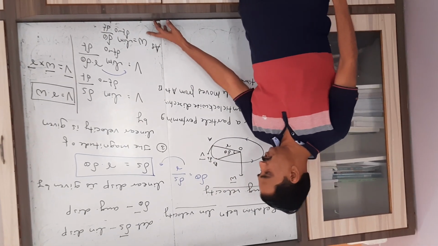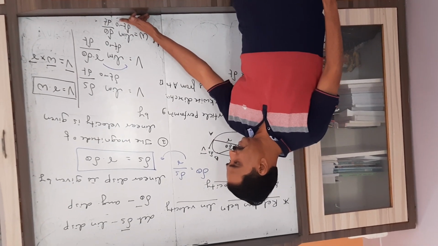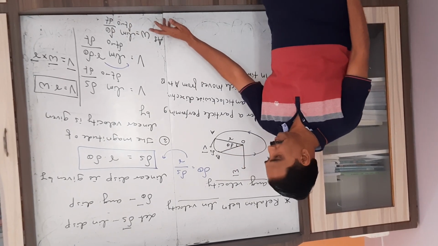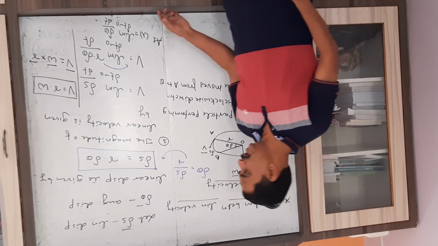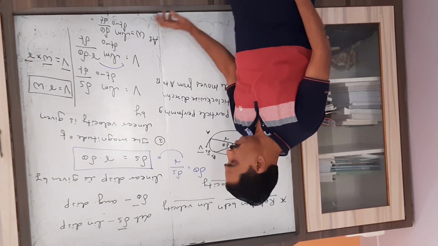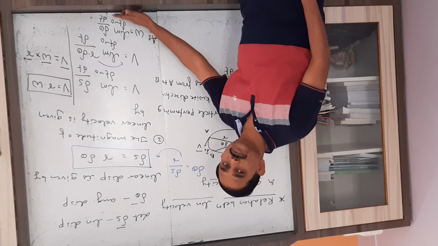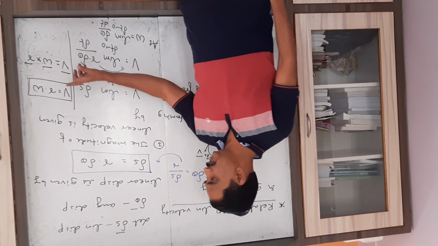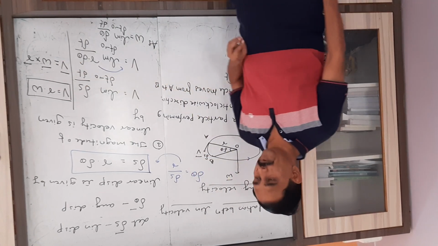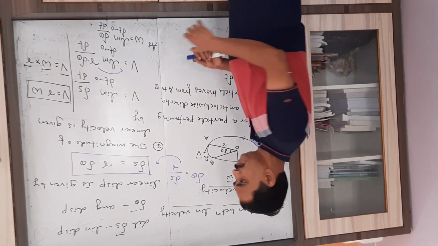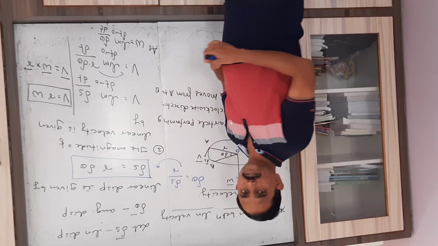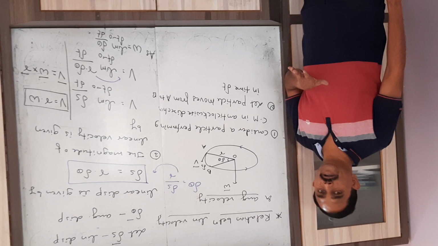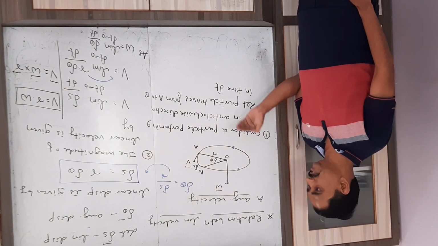But as per definition, limit delta t tends to 0 of delta theta by delta t is nothing but the angular velocity, omega. So we get the relation v equal to r omega in magnitude, where v is the linear velocity, omega is the angular velocity, and r is the radius of that circular arc.